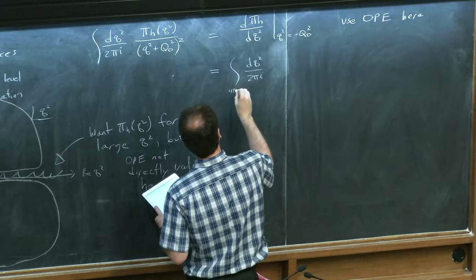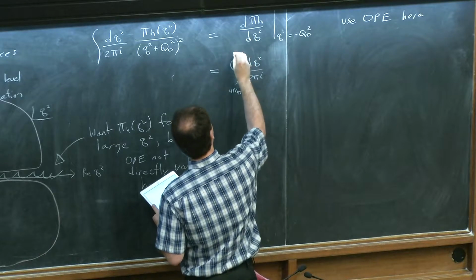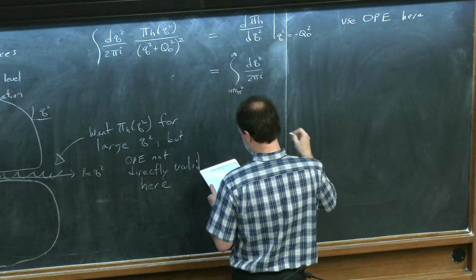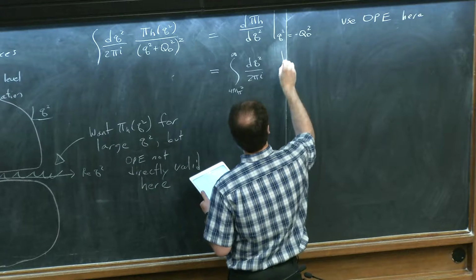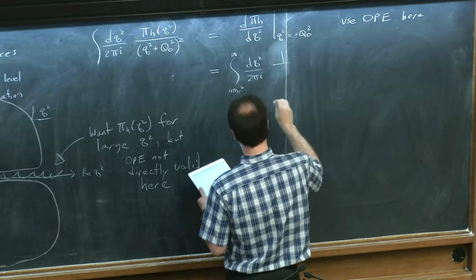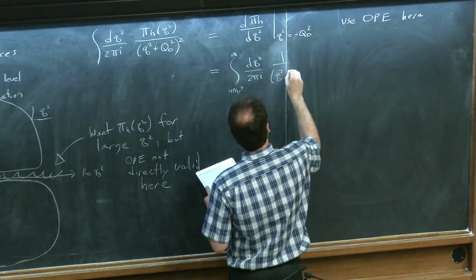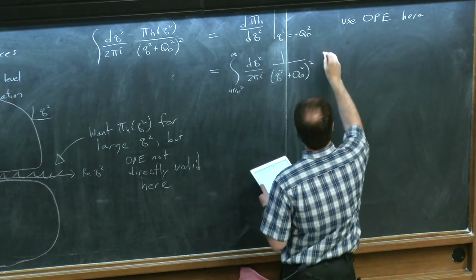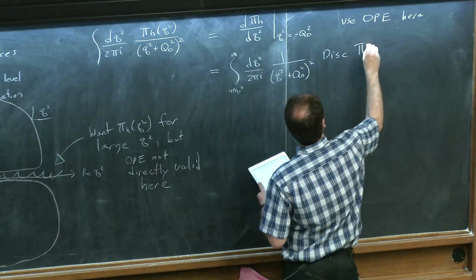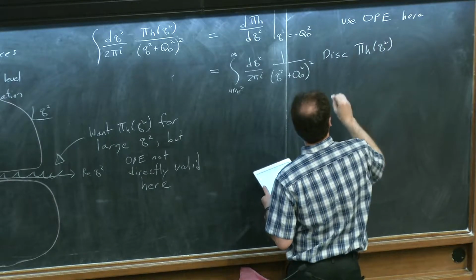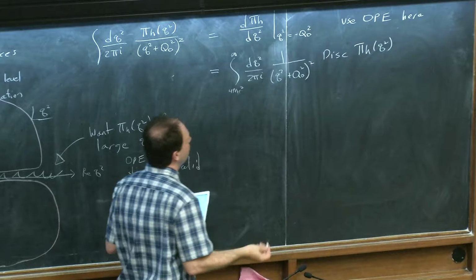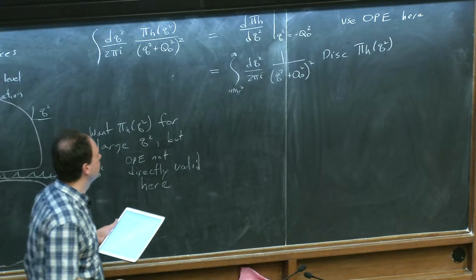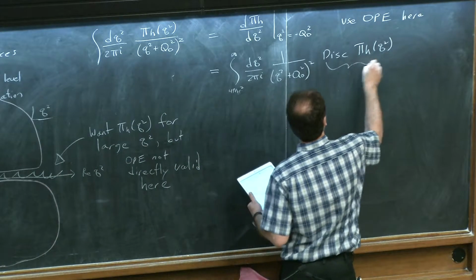from some place where it starts, which is actually related to the pion mass in this case, say, or the rho mass, some mass. Depends on what currents I'm considering, of the discontinuity of pi h of q squared across that cut. And the discontinuity of pi h of q squared across the cut is just 2i times the imaginary part.